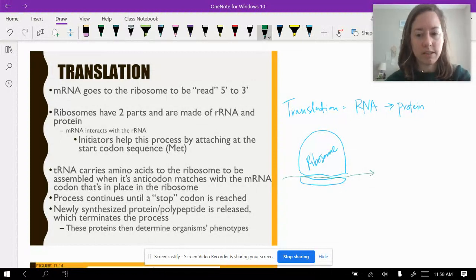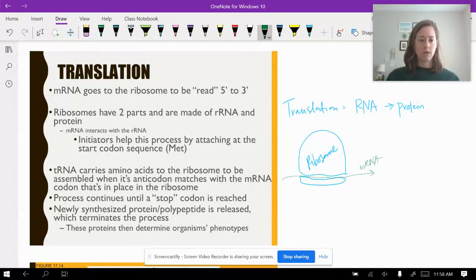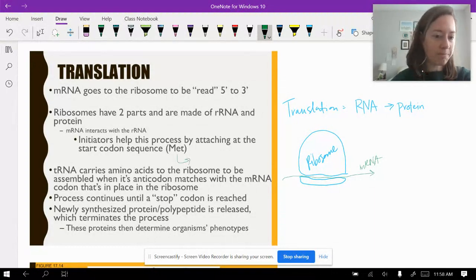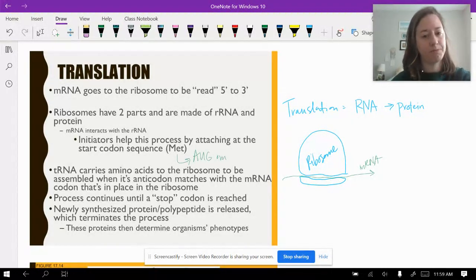This green thing is the mRNA. As they interact, there are things called initiators, which attach to the start sequence. The start sequence always codes for the amino acid methionine, and it's always the same 3 letters. It's AUG on the mRNA.